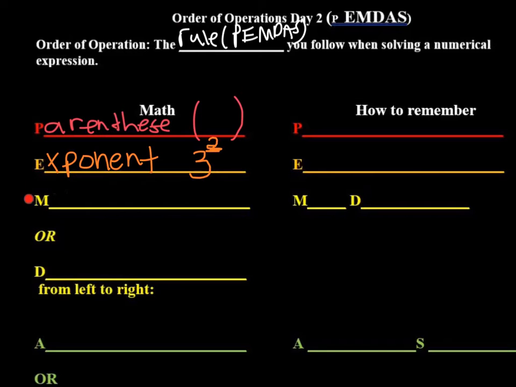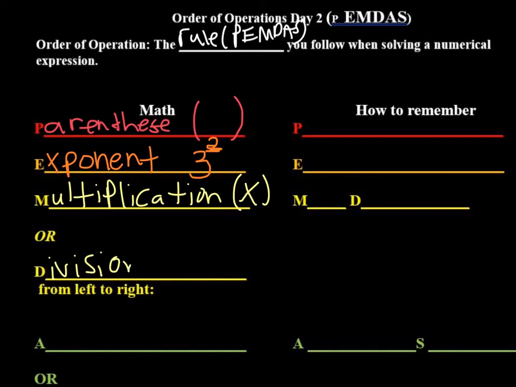The M stands for multiplication, spelled M-U-L-T-I-P-L-I-C-A-T-I-O-N, and that's just the multiplication sign, the X. The D stands for division, spelled D-I-V-I-S-I-O-N. That's the division sign.